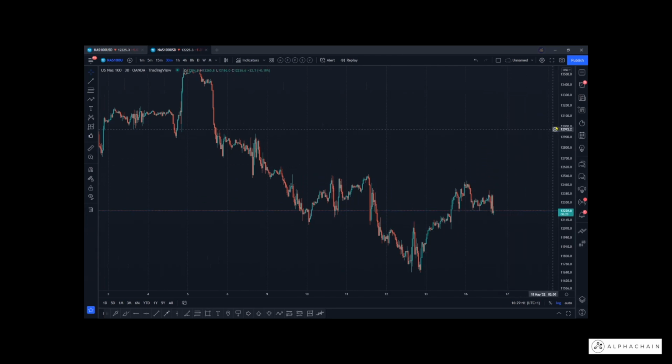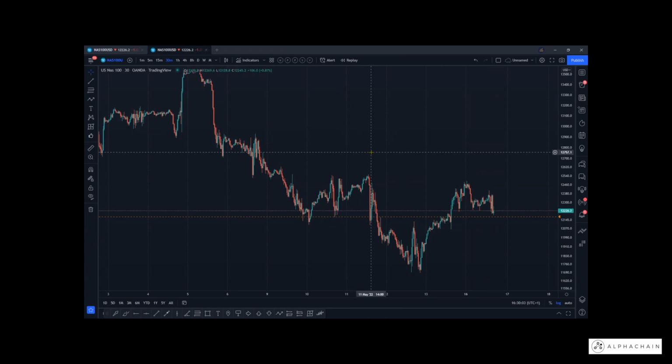Price alerts. You could just set it on the screen itself on TradingView. For example, if you want an alert for price to breach through this level, you can add an alert there. That alert's been added right now. So as soon as price breaks through this level, I'll be notified. It will pop up on this screen, but also on my mobile phone.